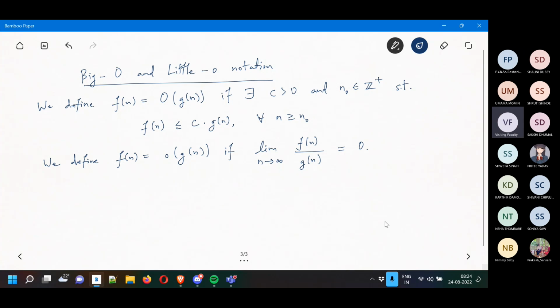So that is the meaning of little o of g of n. F of n is very small as compared to g of n, and that is how we write f of n is little o of g of n. So much is clear. We have seen both of these in the previous slide. This is the formal definition.